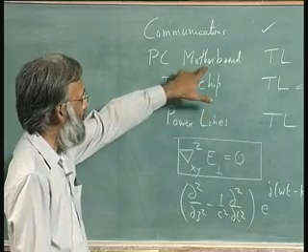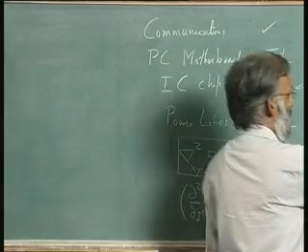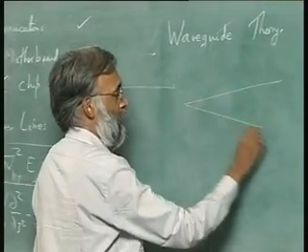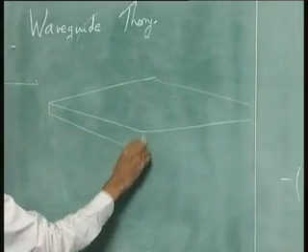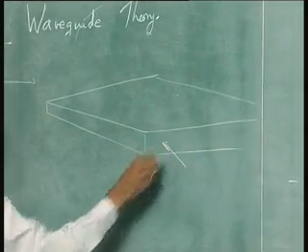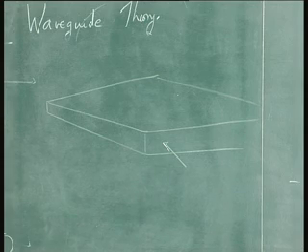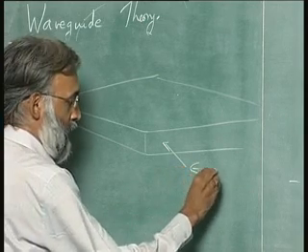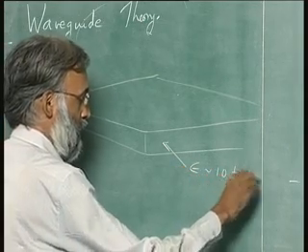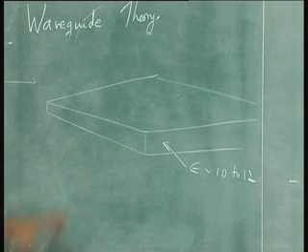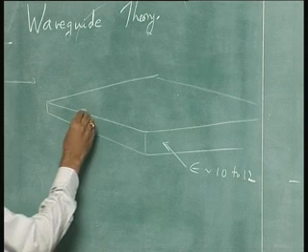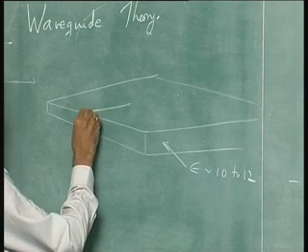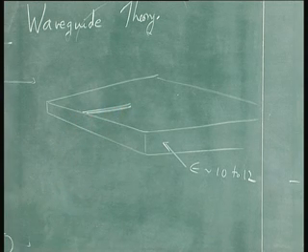Now, if you are doing a PC motherboard, you would have a high permittivity epsilon of maybe 10, 12, high permittivity material, dielectric, on which you have thin copper strips.